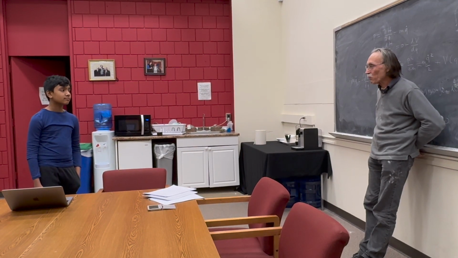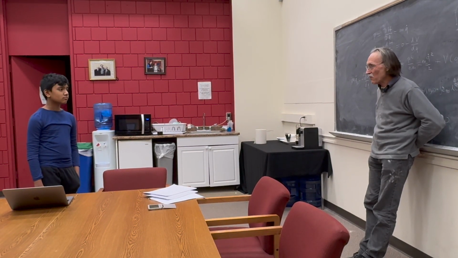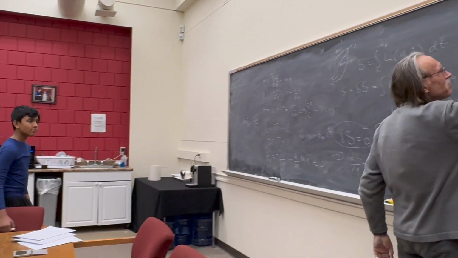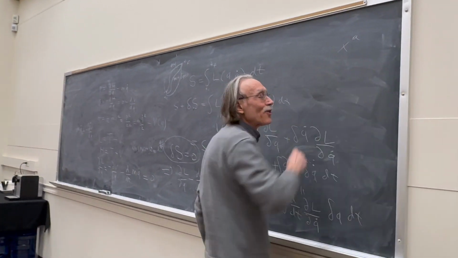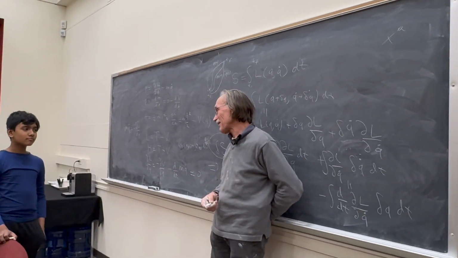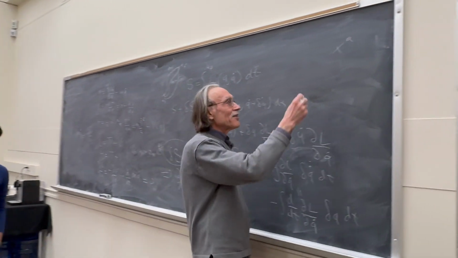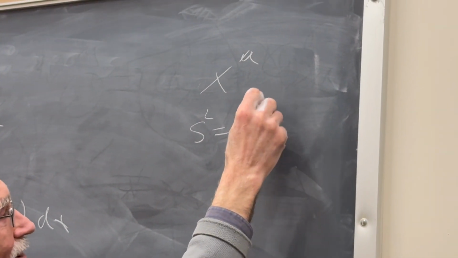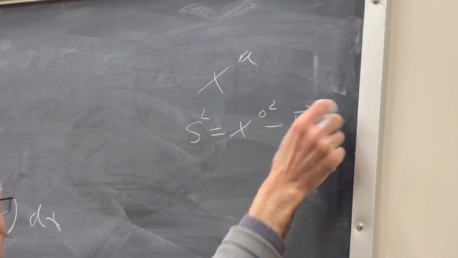When we have only one particle, we have very few invariants. When we have a free particle, we have x mu, these are the coordinates, and we only know one invariant. The only invariant is s squared, which is x0 squared minus x squared.